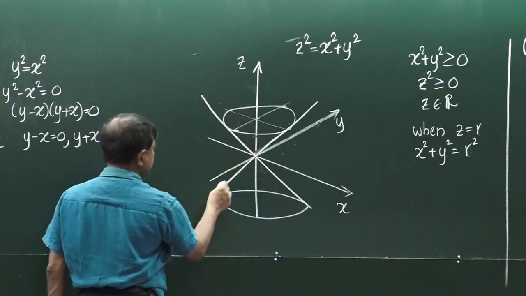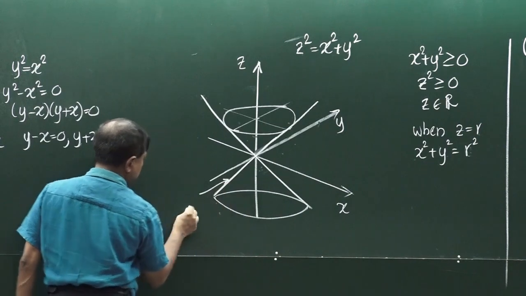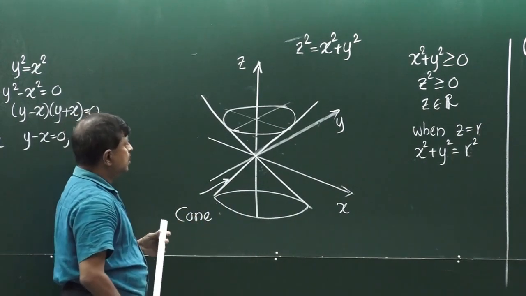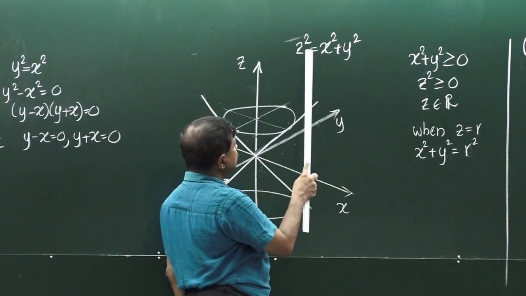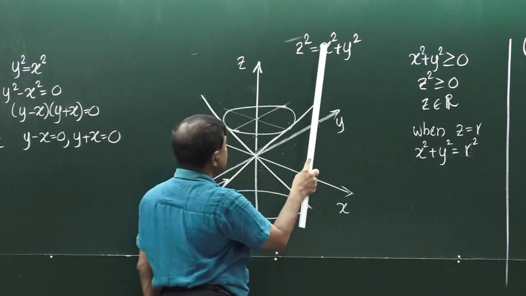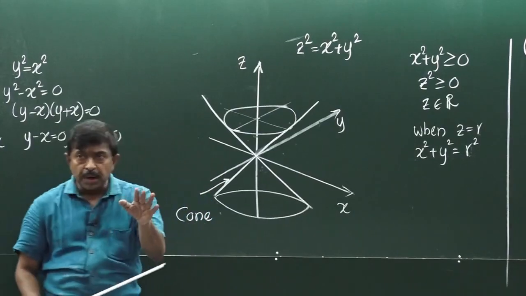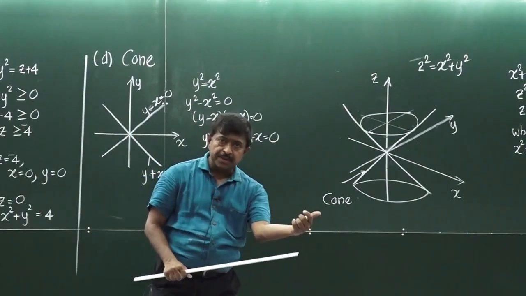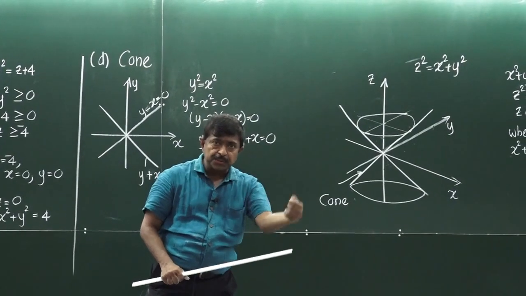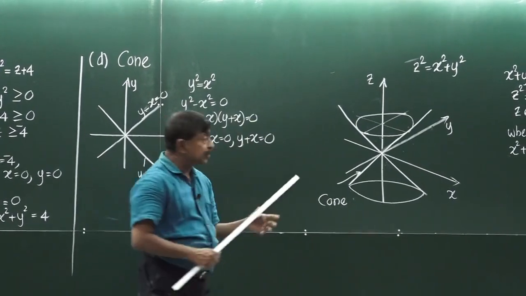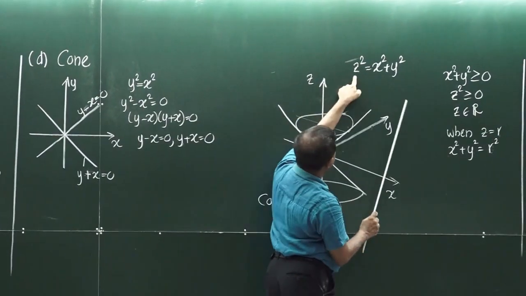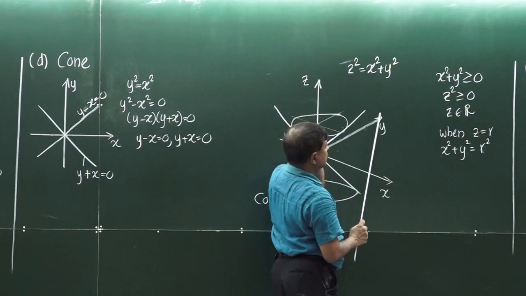So this is a cone. Right. So in the case of a cone, you have all 3 variables squared, but 2 variables are on one side, 1 variable is on the other side. That variable which is isolated acts as the axis of the cone. Now look, the axis is z, z is like this, right.